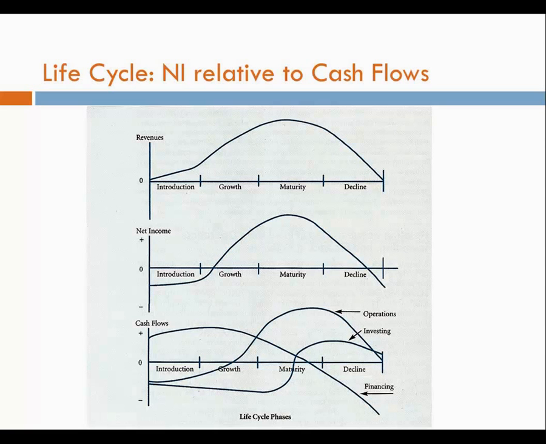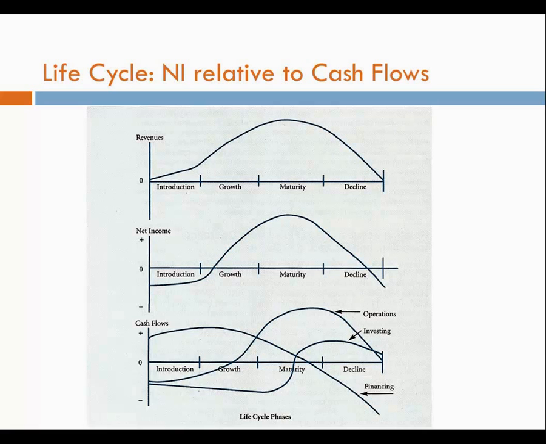This kind of brings together the ideas of how your revenues grow and shrink over the life cycle of a product or a company, how your net income changes, and how your cash flows change. Let's go through it together. Your revenues. When you introduce a product, or a company has only one product, and in the early stage of that company, you'd expect relatively small revenues during the introduction phase.